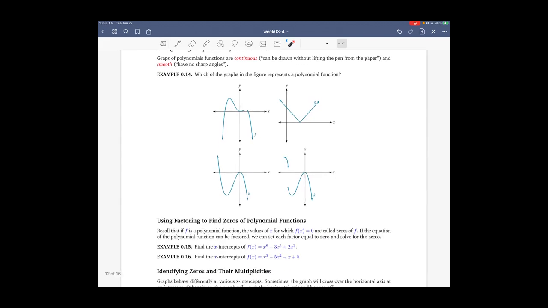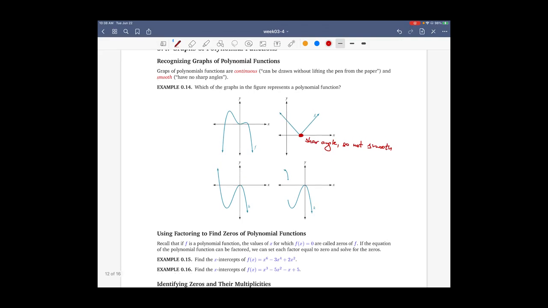So in the picture below, this graph has a sharp angle. It could be the graph of some absolute value function. It is therefore not smooth, and so this cannot be a graph of a polynomial function.